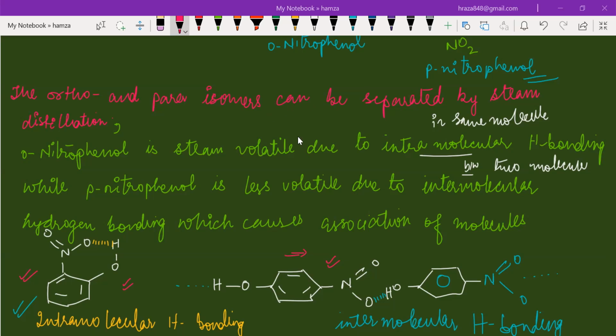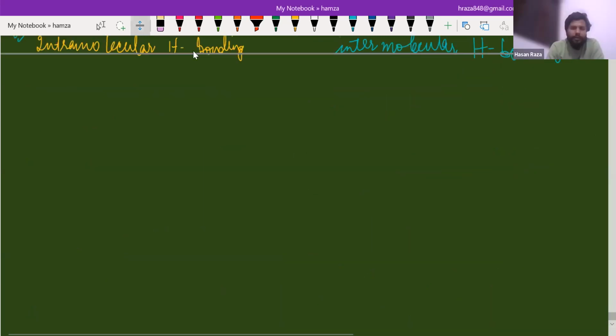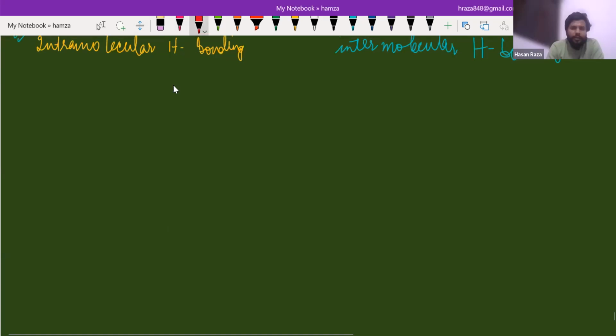Now see, it's very easy to understand. There is another reaction of this phenol, but the reagent changes. In the previous reaction, we used dilute HNO3. But if you use concentrated HNO3, then we will get picric acid.